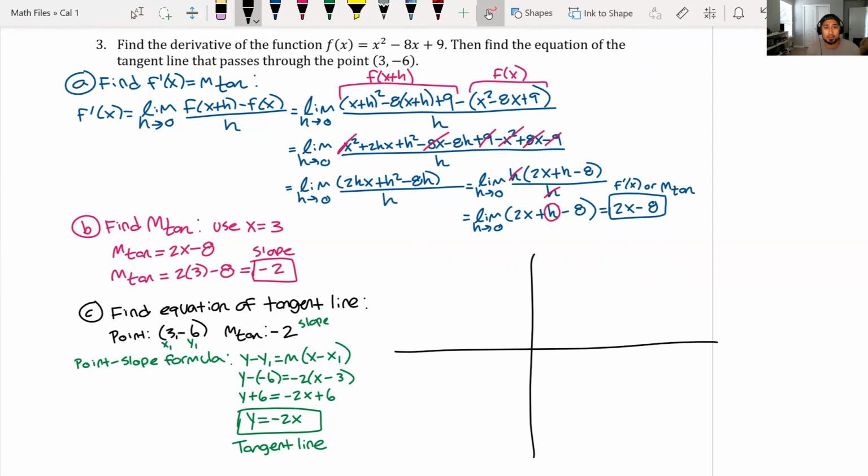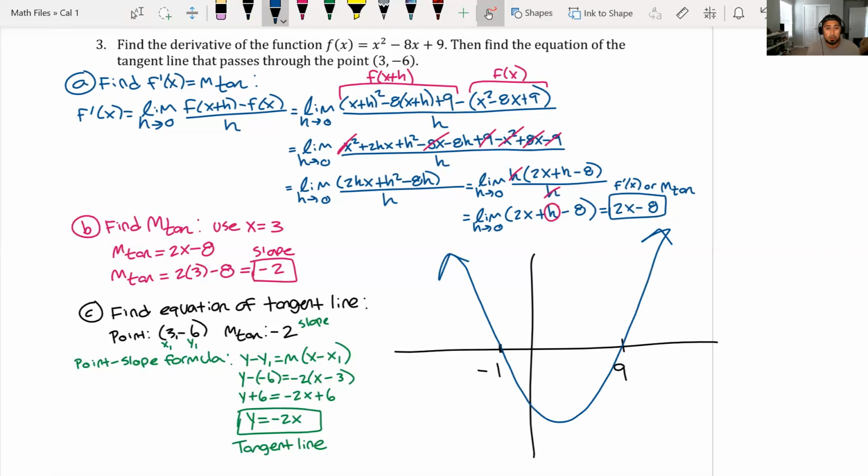If we were to graph this, x squared minus 8x plus 9 would have an x-intercept at what? 9 and negative 1? I'd have something here at negative 1, something here at 9. Let's just say this is 9, and my function would look like this.